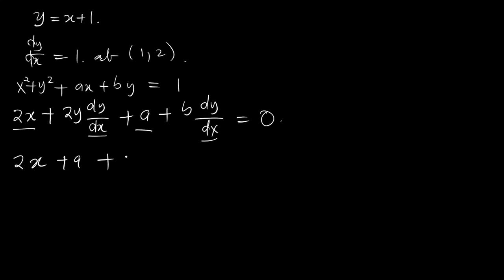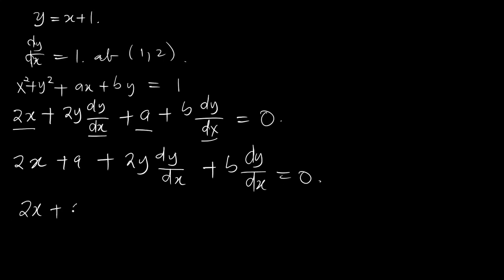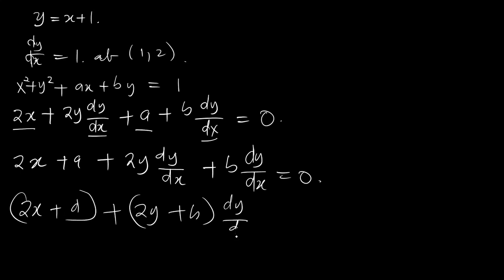So I have (2x plus a) plus (2y plus b) dy/dx equals 0.